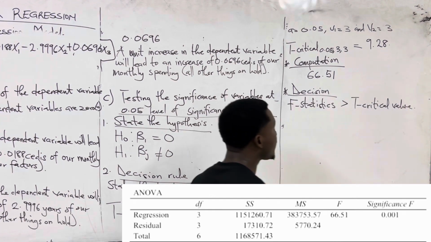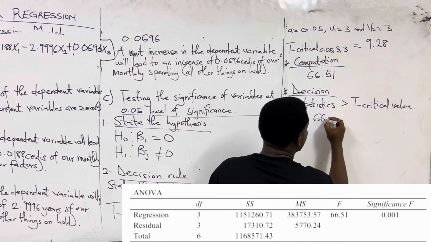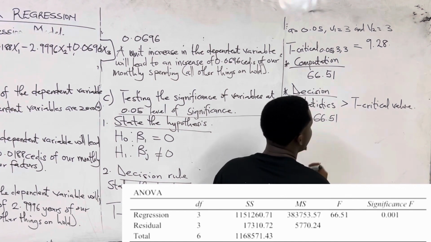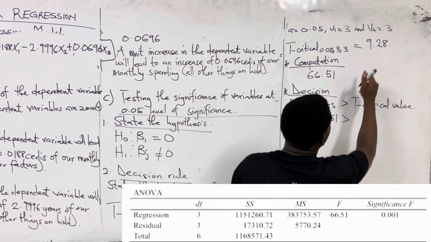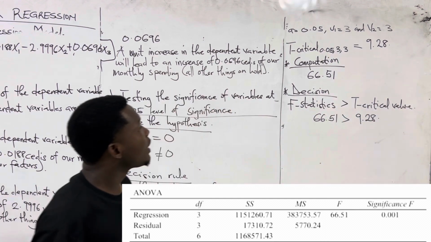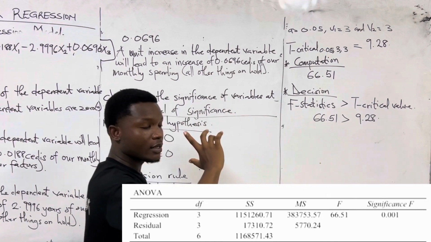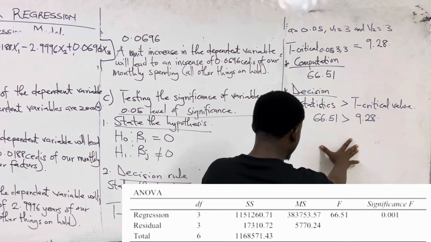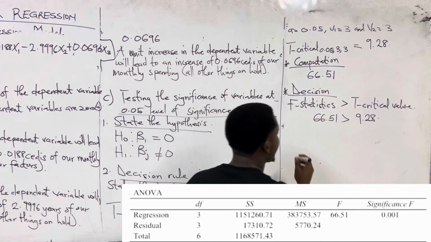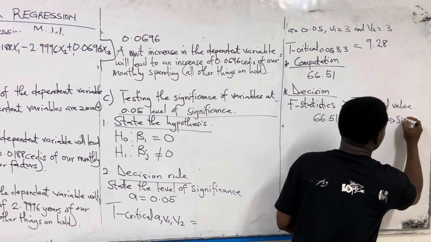So you state that our F statistics, 66.51, is greater than 9.28. So this means that our model is significant. Since we have seen this, it means our model is significant. So you write significant.